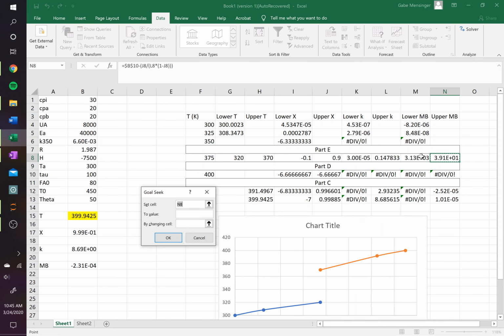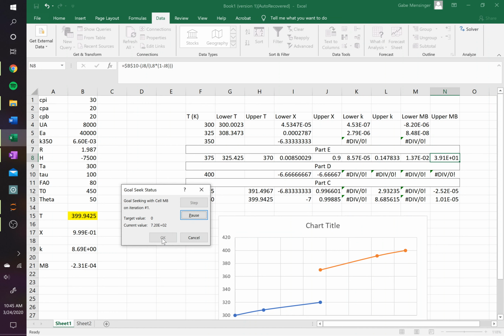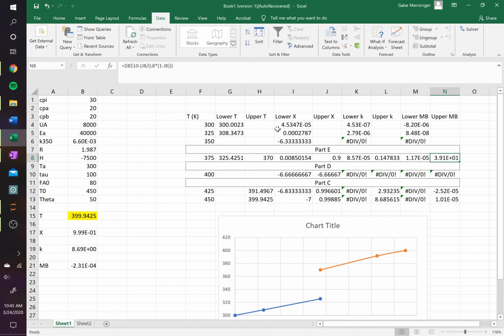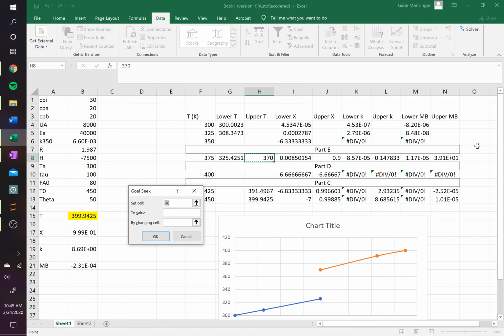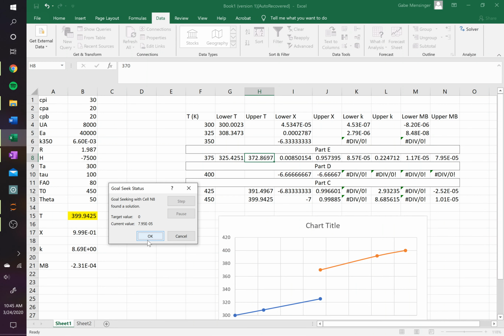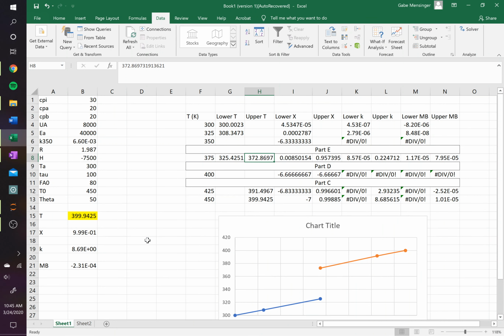So we're going to set this one to 0 by changing this guy. And there's our solution for that one, and then we can do the same thing over here. Set that one to 0 by changing him. And we get 372. Good. So as you can see, we have two solutions.